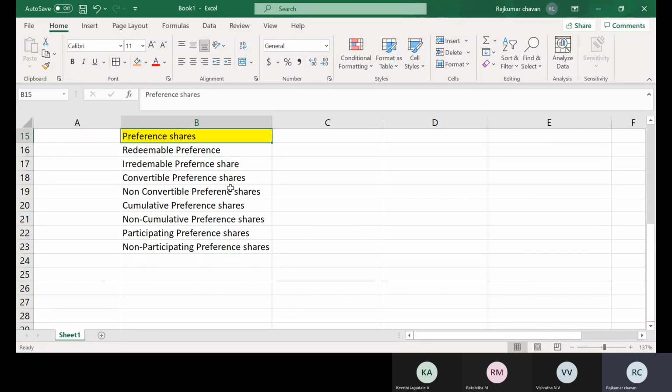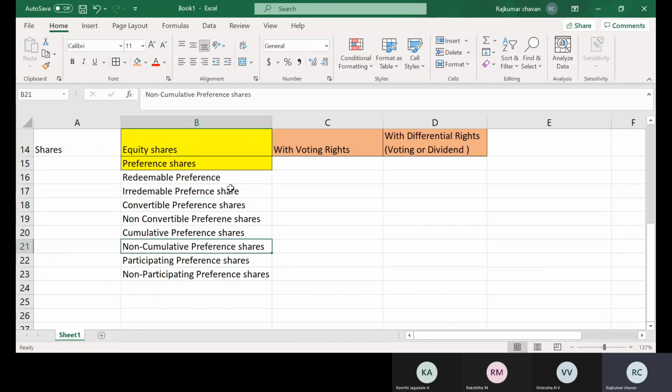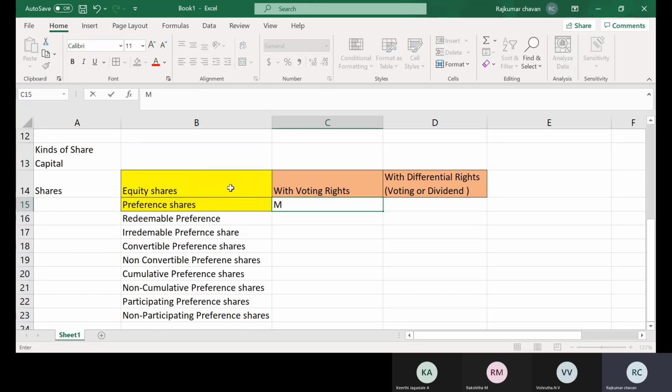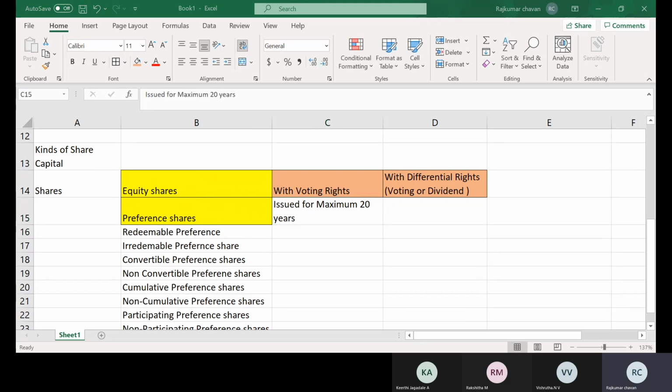So what is redeemable? Redeemable means we can redeem over a period of time, and preference shares are issued for a maximum of how many years? 20 years. Is that clear?